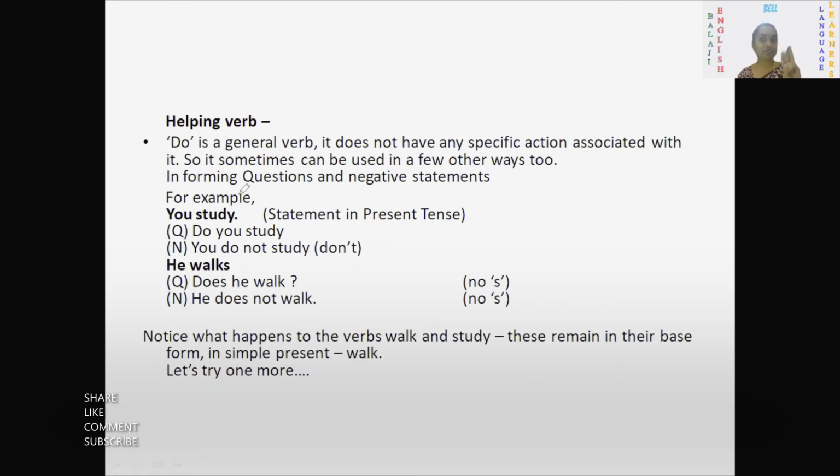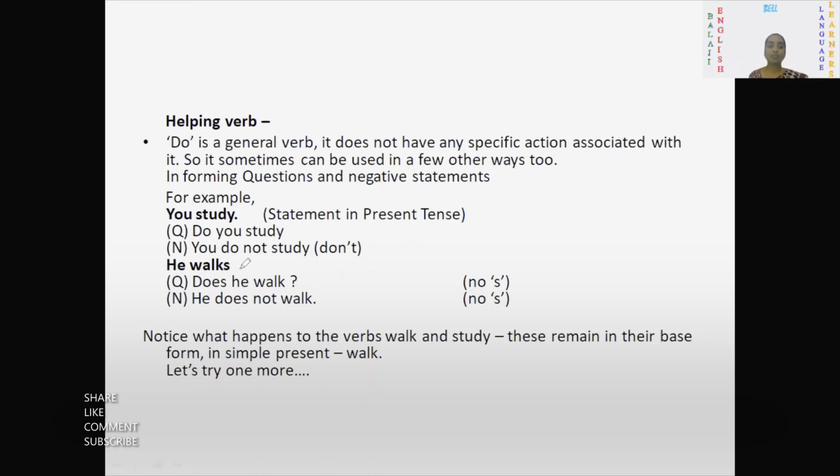Three types we will be having. Do you remember in every tense we have discussed? Like positive, like affirmative, negative, and interrogative. Now you study is affirmative. Do you study? Again, we have to add a question mark here. That is interrogative. You do not study. Again, you have to add a full stop here. This is a negative form.